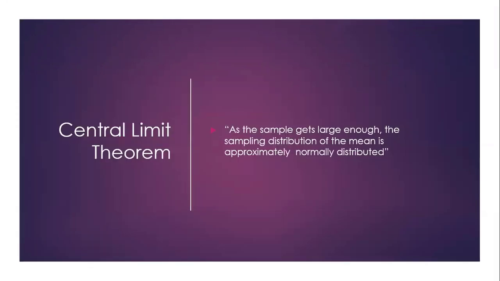In this chapter, we talk about the central limit theorem. And the central limit theorem states, not just in this textbook, but everywhere, that as the sample gets large enough, as we include more and more sample stores, for example, the sampling distribution of the mean is approximately normally distributed.